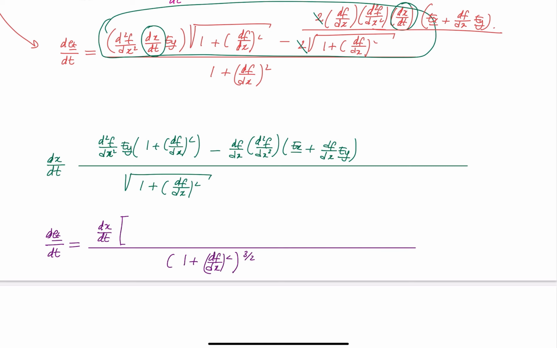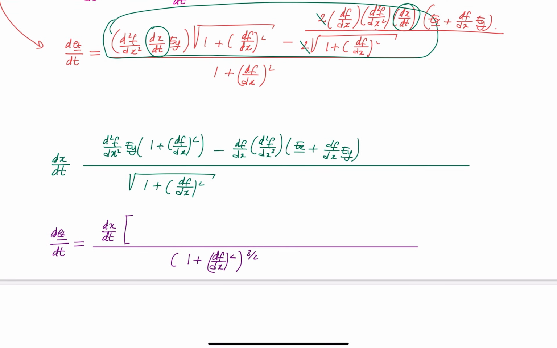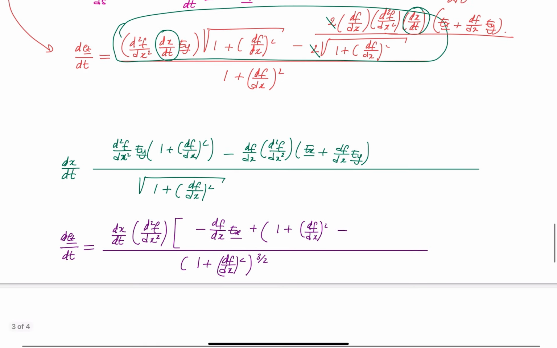And then times ex, I'll get... oh wait, I can take a common factor also of d squared f by dx squared. And then along ex, I'm left with minus df by dx ex. And along ey, I have 1 plus df by dx squared minus df by dx squared.